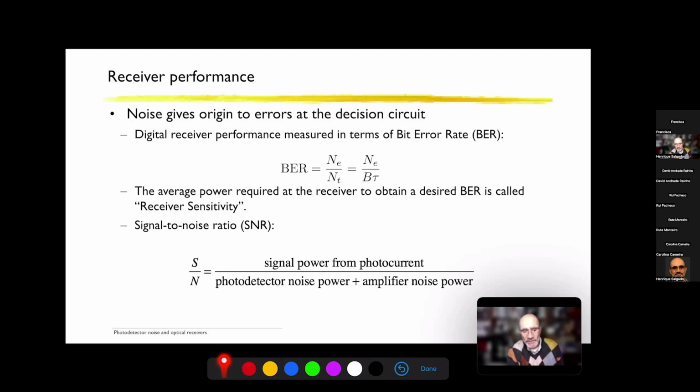And so the bit error rate should be smaller. But if the average power at the receiver decreases, which means the signal power is smaller, then the signal to noise ratio, assuming the noise is constant, decreases. And so this parameter, which is the average minimum power at the receiver to obtain the specific bit error rate, is an important parameter.